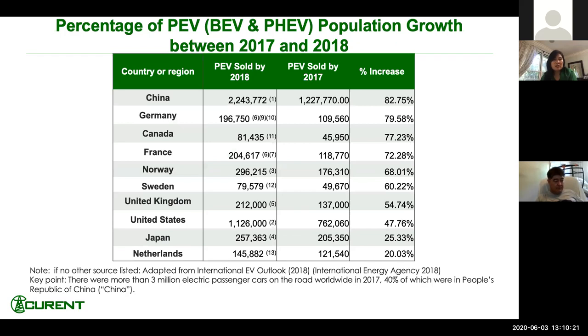So looking at the percentage of electric vehicles between 2017 and 2018, you can see China has increased so much, like 83%. And then Germany, Canada, France, Norway, all these countries have a significant increase in terms of EV population growth.